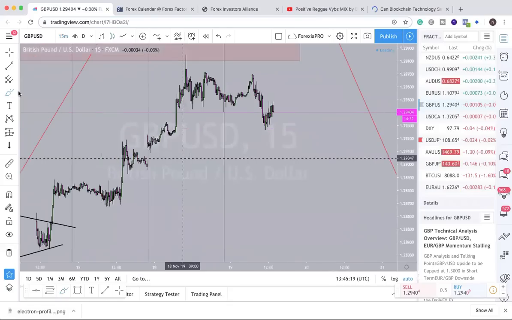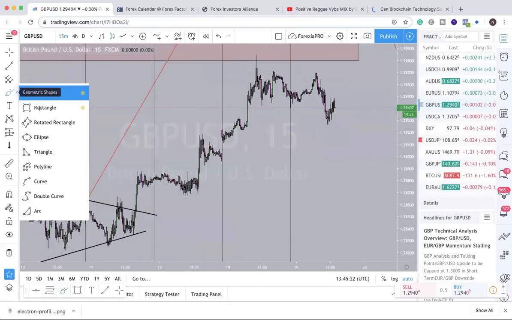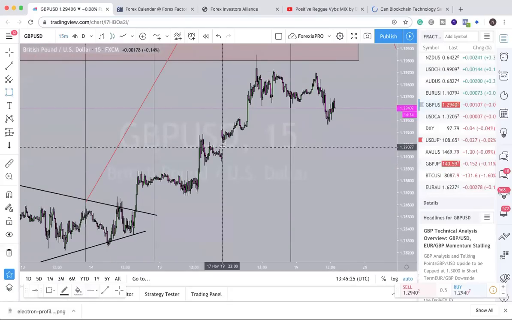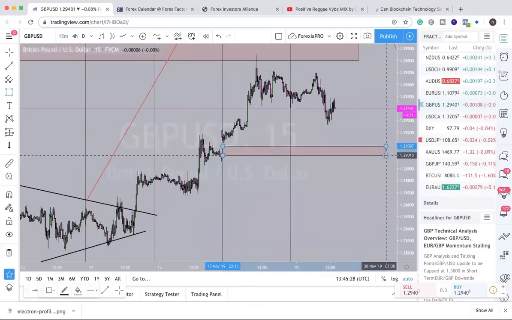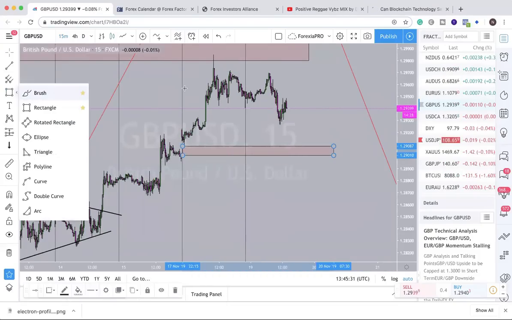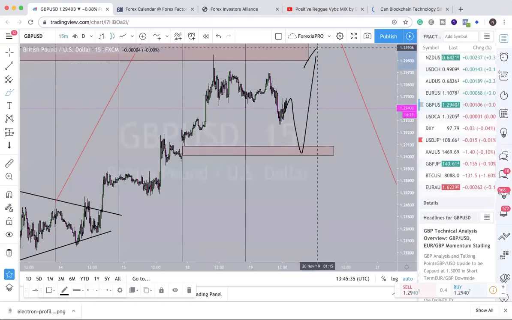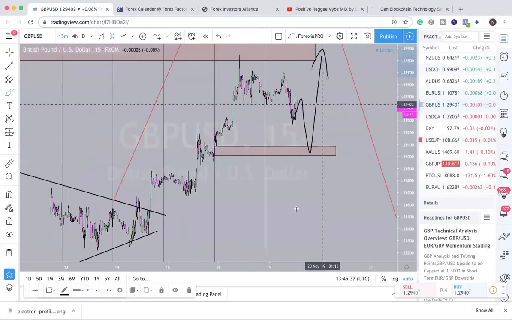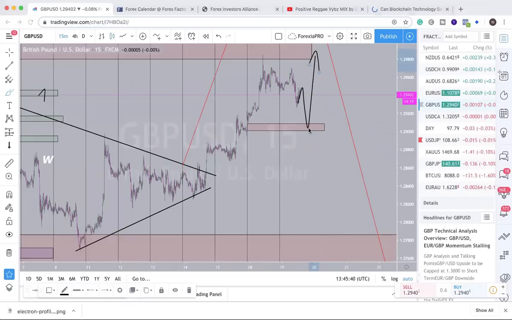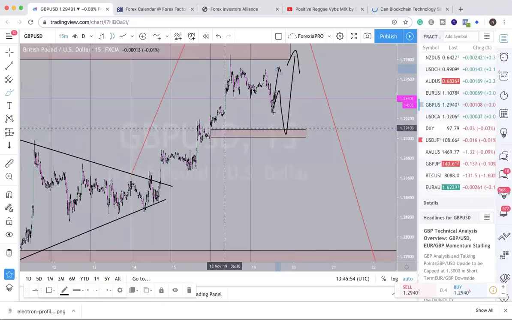What I would like to see, and there's also a little gap here on GBP USD that may be filled, so what I would like to see maybe is something like that. However, they may just completely move up like that. But once again, there isn't really any confirmation for us to trade this pair, so let's move on.